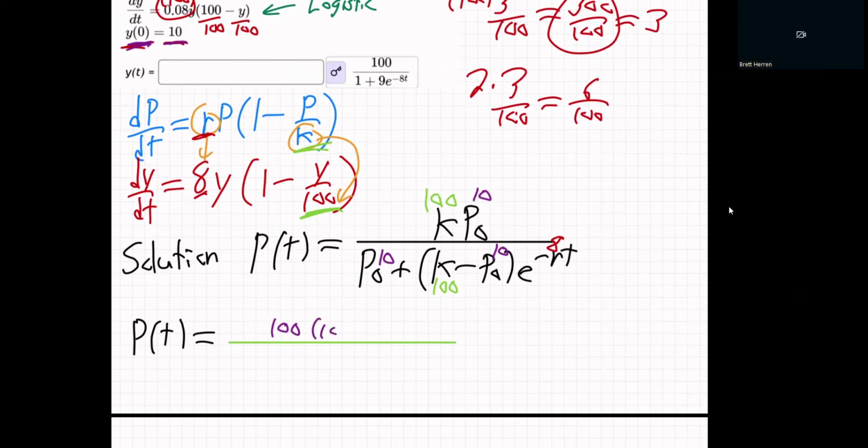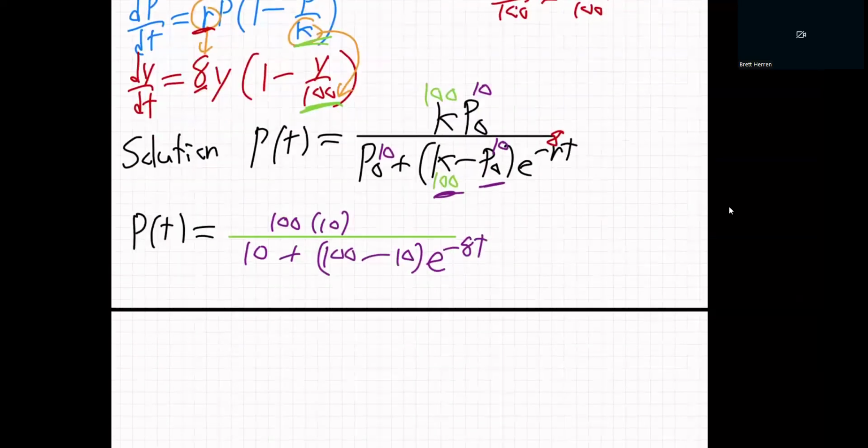So we have 100 times 10 over 10 plus 100 minus 10 times e to the minus 8t. So there we go. Let's just clean that up a little bit. That's coming out real nice. It's 100 times 10.